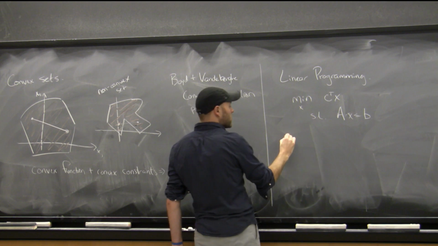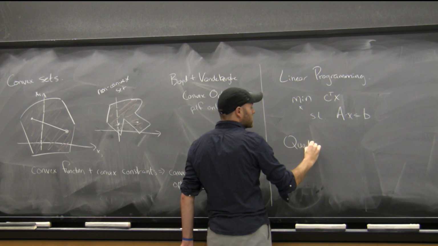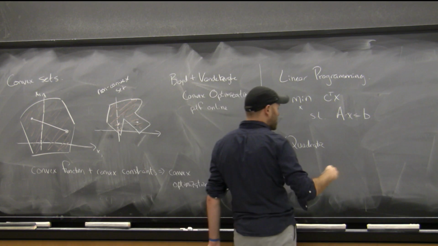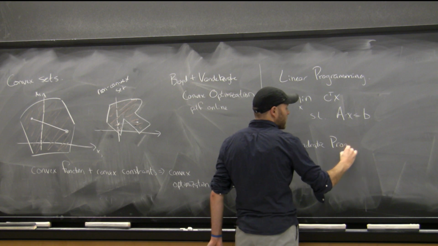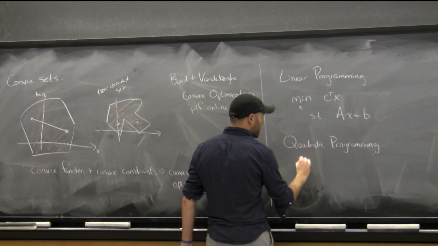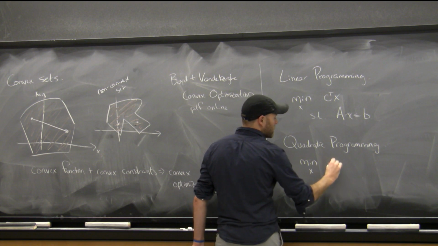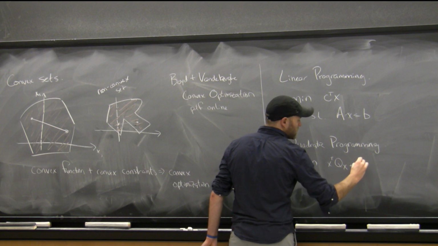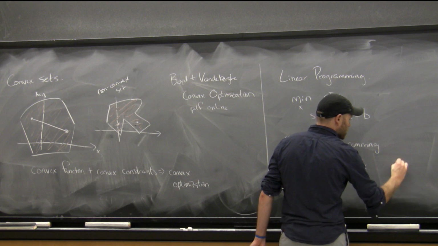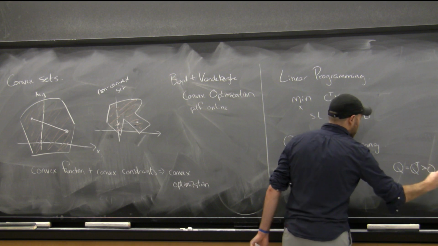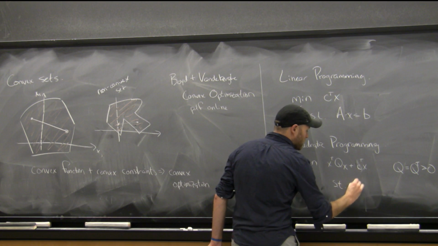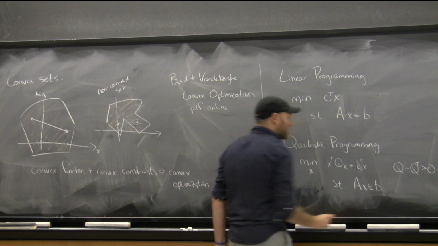Or if we wanted to put our objective back in to match the cost-to-go function, the one-step cost-to-go function everywhere, while also satisfying these constraints, then we get a quadratic program, which looks like minimum of x transpose Qx plus c transpose x, subject to Ax less than or equal to b.